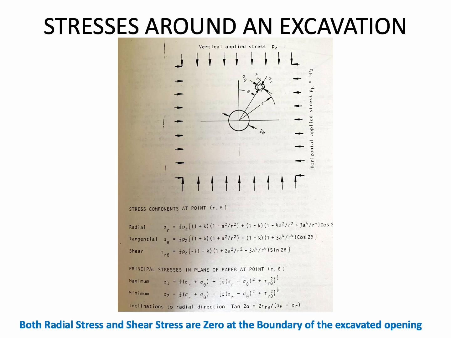These radial, tangential, and shear stresses can further be composed into two stresses at each point at the section called maximum principal stress and minimum principal stress. Both radial stress and the shear stress are zero at the boundary of the excavated opening.